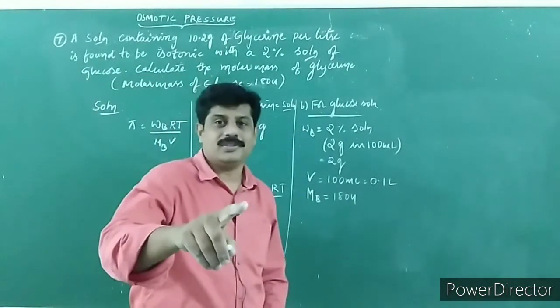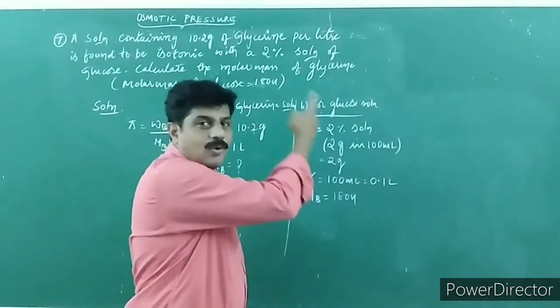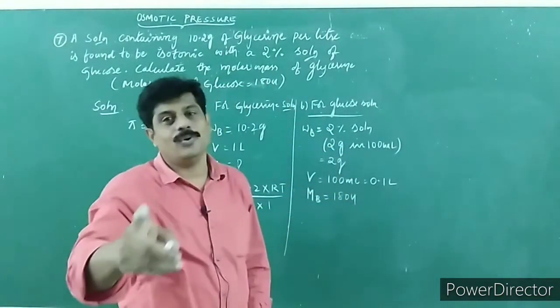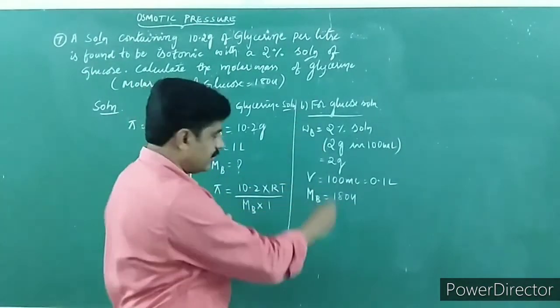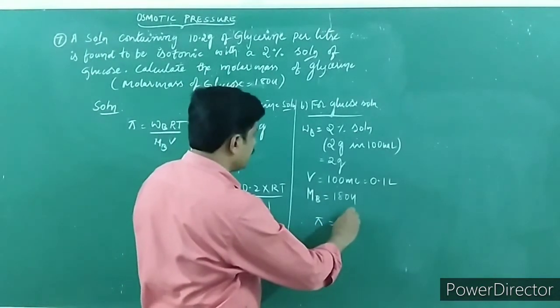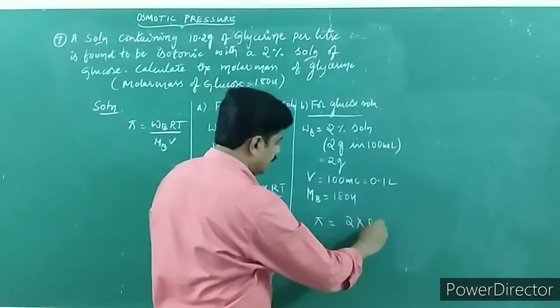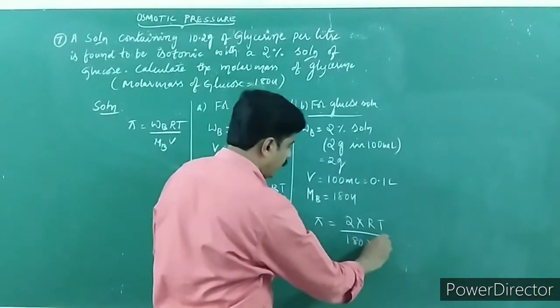Now, as I said, it is an isotonic solution. For isotonic solution, the osmotic pressure of glycerin is equal to the osmotic pressure of glucose. That means you need to equate both the equations. Let me write pi is equal to, look at here, WB is 2 gram into RT upon 180 into 0.1.